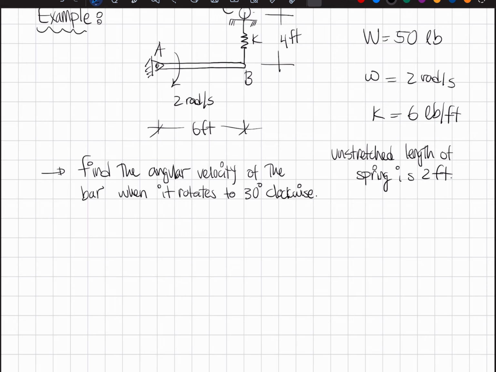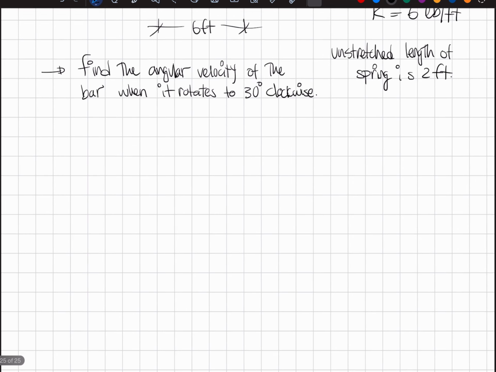First things first, it's the free body diagram. So I draw my initial position like I did last time. This is the initial position. There is a W that's being applied. There is a spring force that's pulling back up. Because this is a nice convenient horizontal line, I could say this is also my datum.